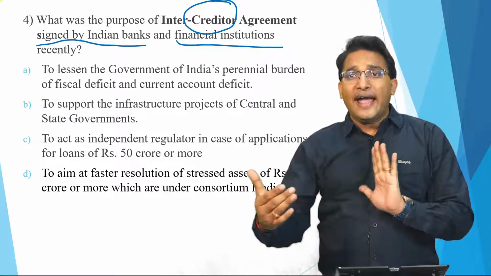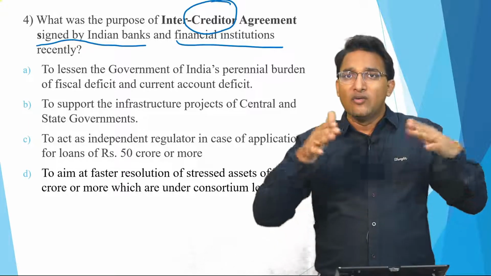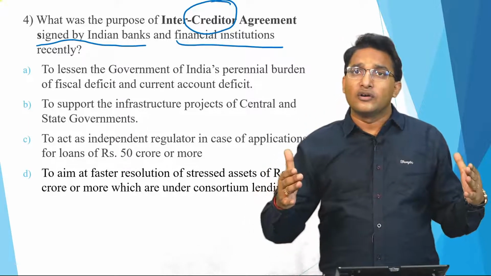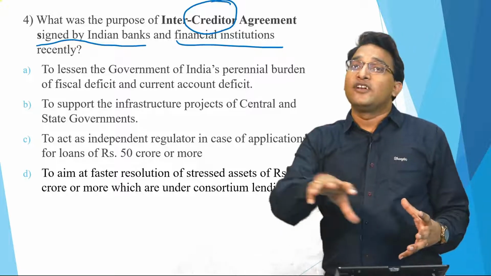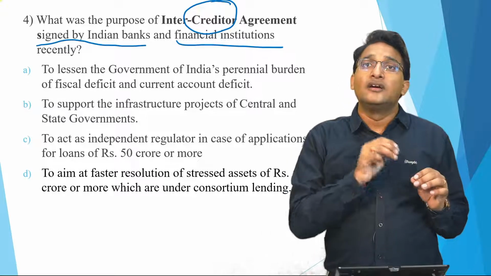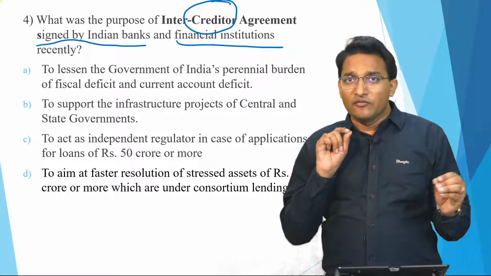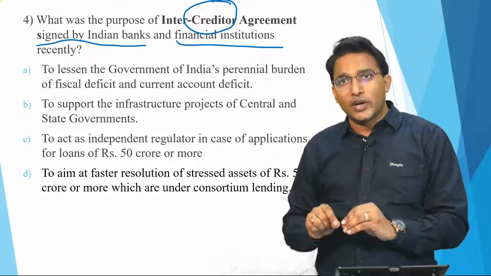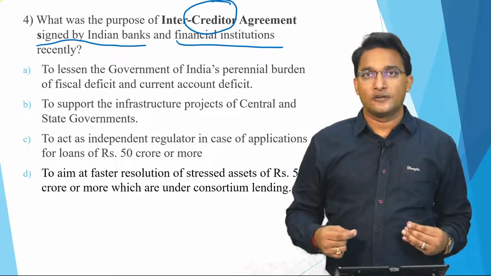They are signing an agreement on how they can come together and resolve the loans taken by a single client from different institutions. When a single client has taken loans from multiple banks and financial institutions, they sit together and decide the mechanism to resolve this loan.